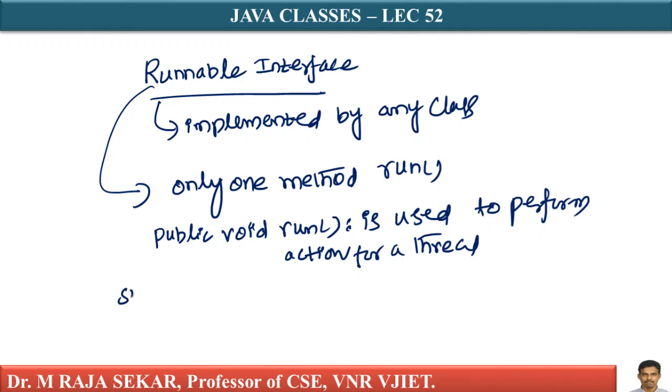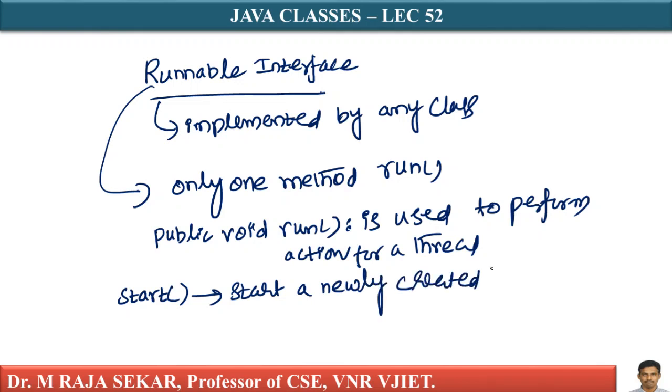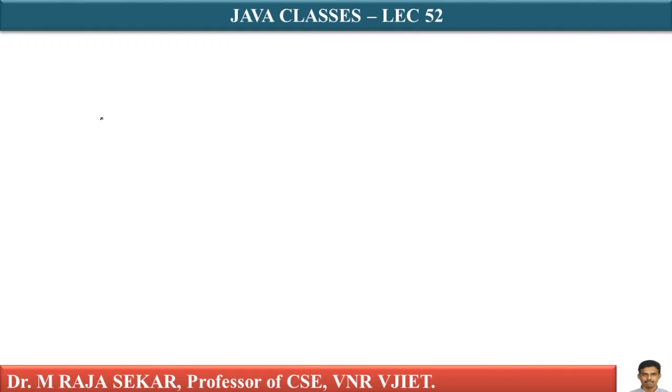Start method. We already discussed this start method while discussing thread states. The start method of the thread class is used to start a newly created thread. It performs the following tasks. What are the tasks performed by a newly created thread?